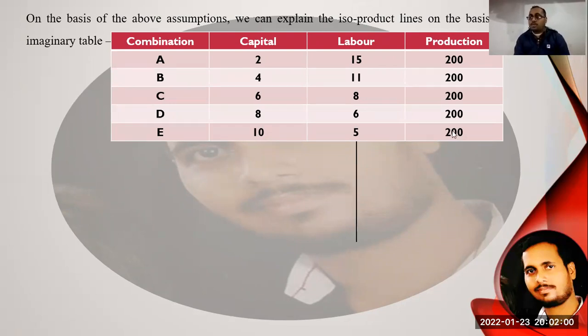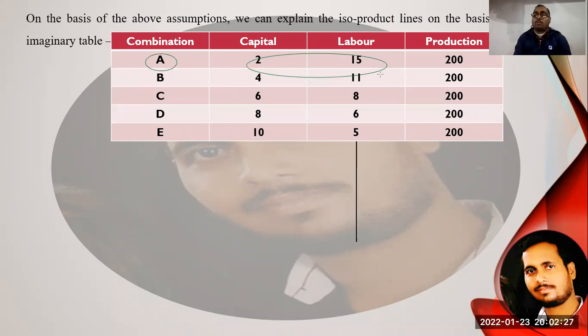In the fourth column, you will see that the production is expressed. In the first combination, A, we use 2 amounts of capital and 15 amounts of labor.